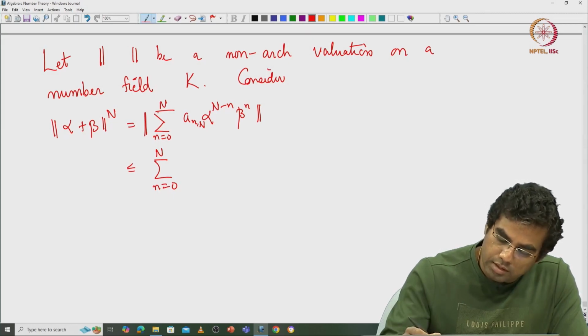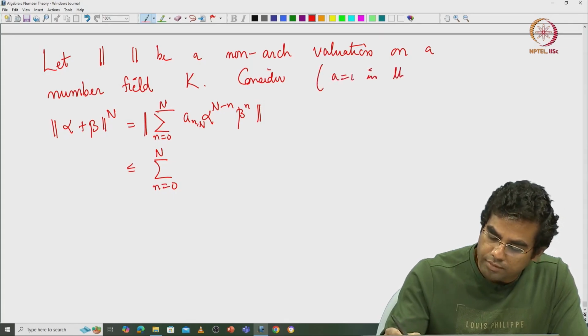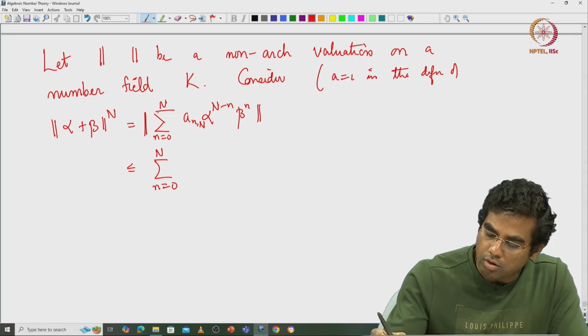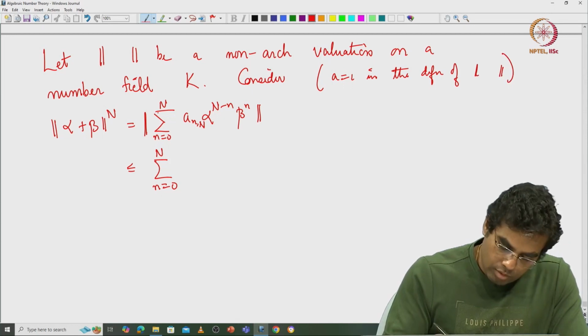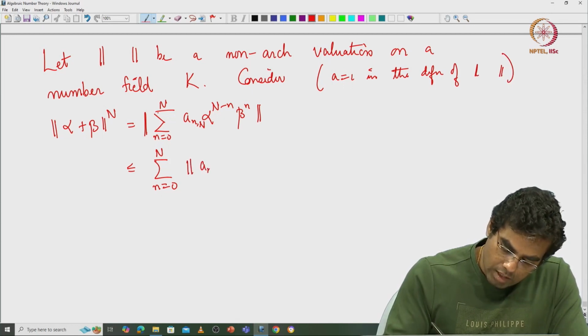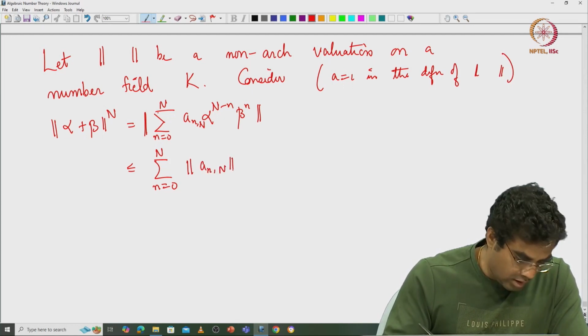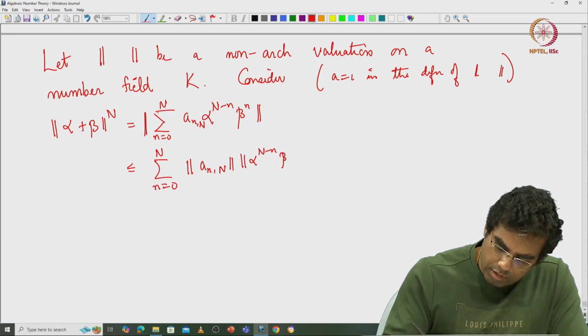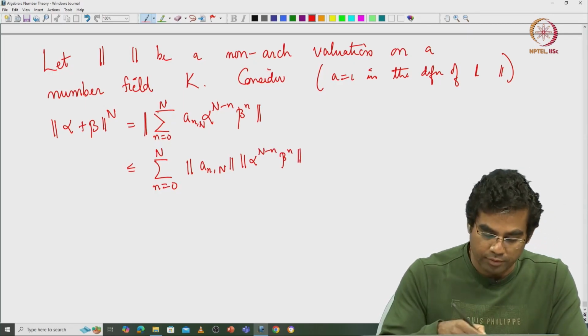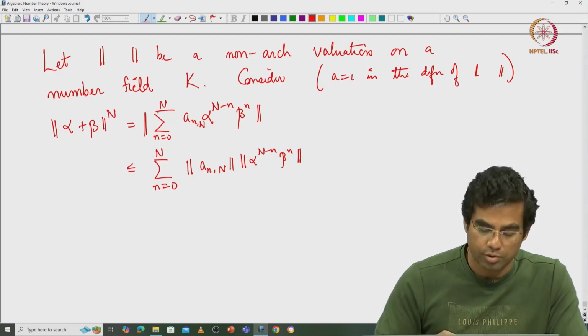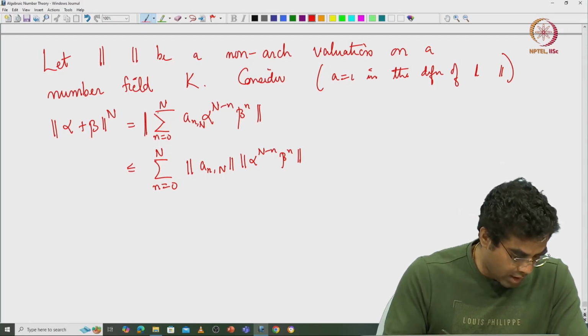Right. So, now I consider a equal to 1 in the definition of the valuation. So, this is a_n times alpha to the n minus n, beta to the n. Normally I would have a power of 2 to apply triangle inequality, but I am not doing that.